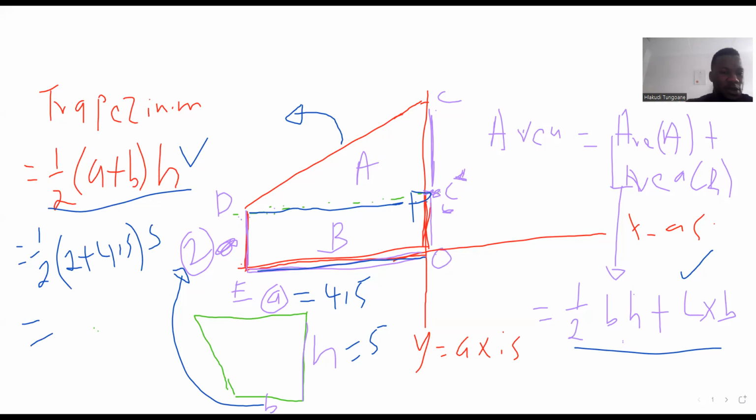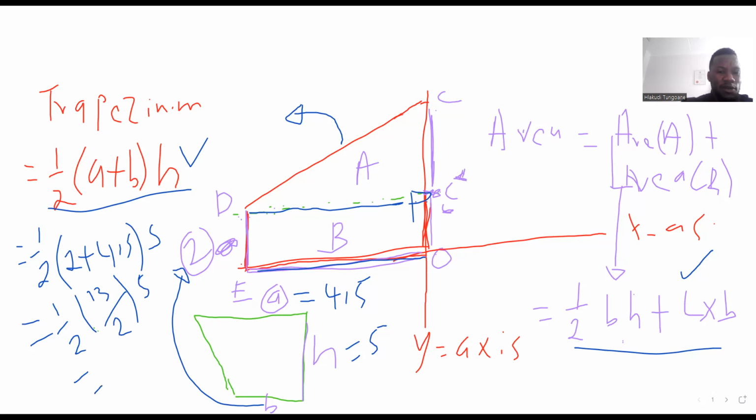So yeah, if you try to simplify these, you have 6.5. 6.5 is the same as 13/2. So it's 1/2 times 13/2 times 5, right?